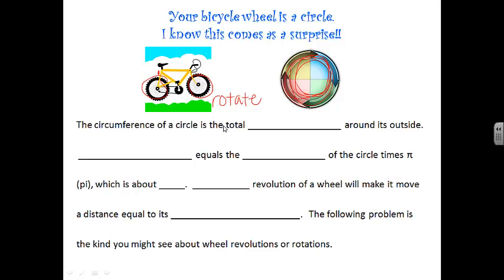The circumference of a circle is the total distance around the circle, correct? Hopefully we've got that by now. So circumference, it's a long word.